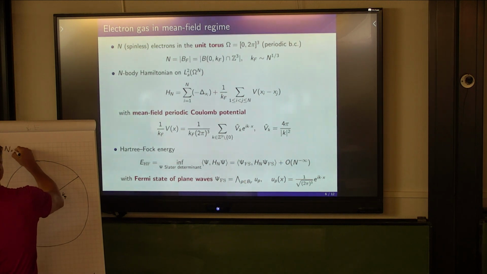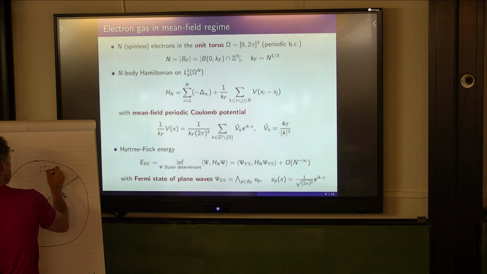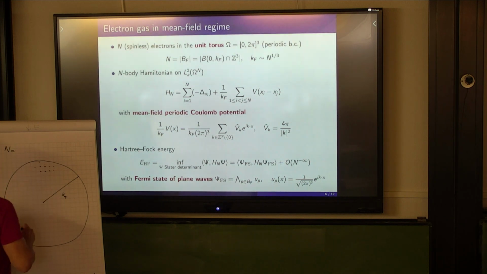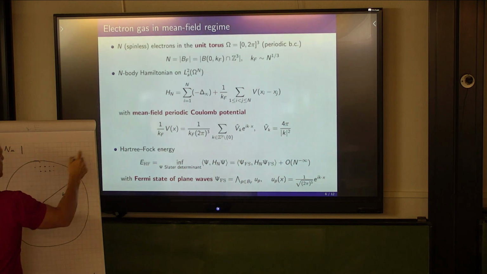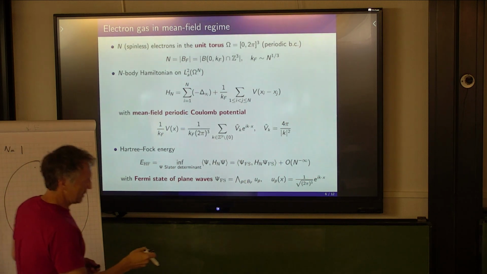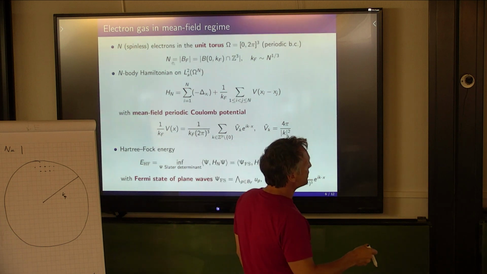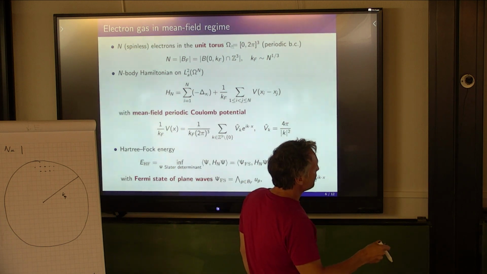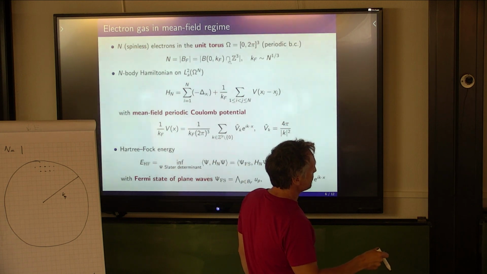So n is exactly the number of momenta in the lattice which are inside the ball. So this is just the number of points which are inside of this ball.